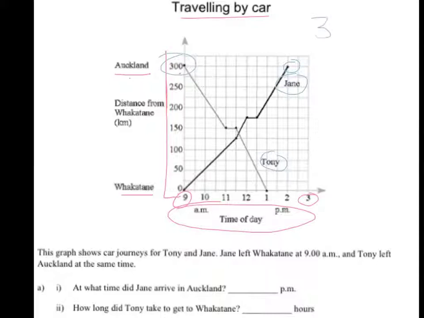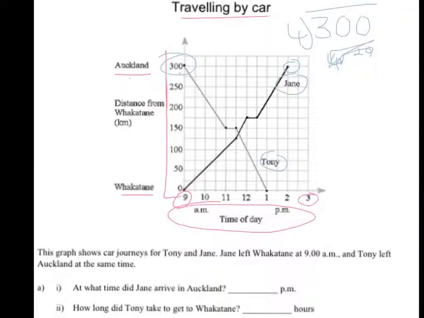So you need to go 300 divided by 4, and you could just calculate that out. I'm not going to do that now.